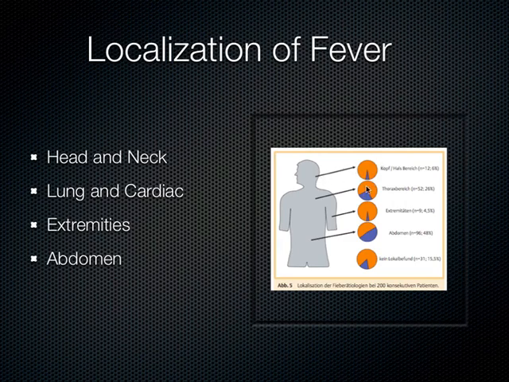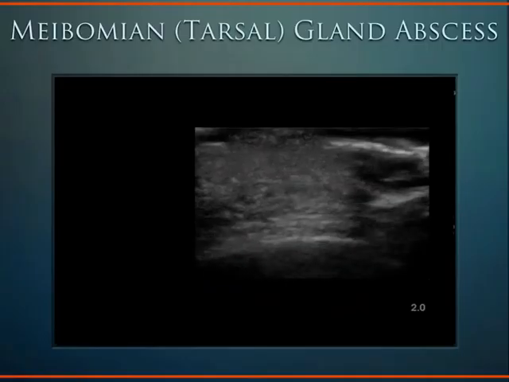And then they found the evidence in 26% of patients in the chest, lung or heart, and down here in the extremities, about 4.5% of patients, and then almost half the patients they found the information in the abdomen, and 15% of the patients had this. I have no idea what this means, but yeah. So we're going to go through the head and neck, the lung, cardiac, extremities, and abdomen, searching for a fever. So we'll start at the head.